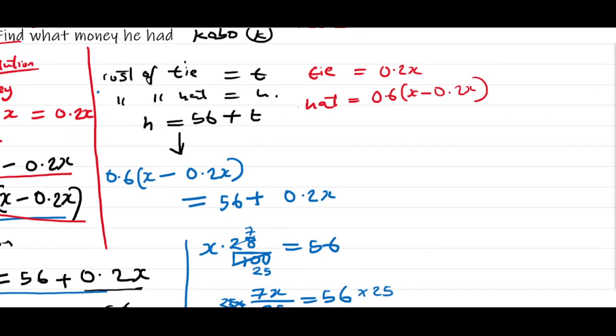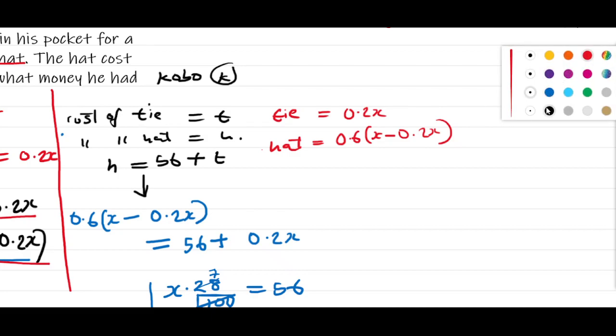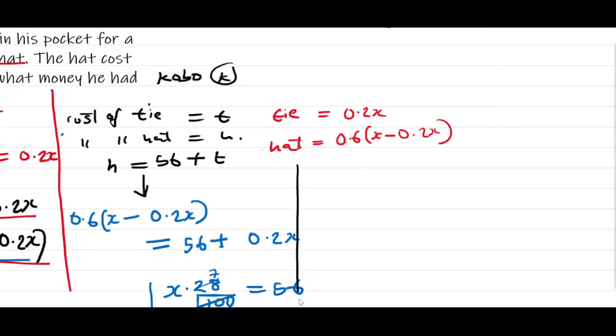So this is the amount he bought the tie and hat. So the amount he bought the tie, we can now find, that would be equal to 0.2x, and we are told that x is 200.